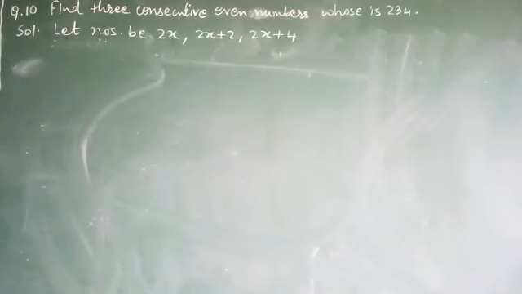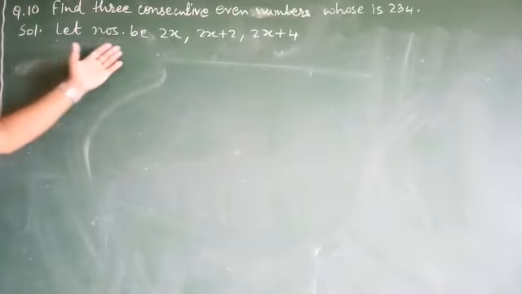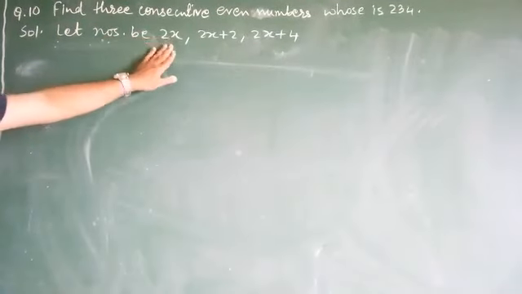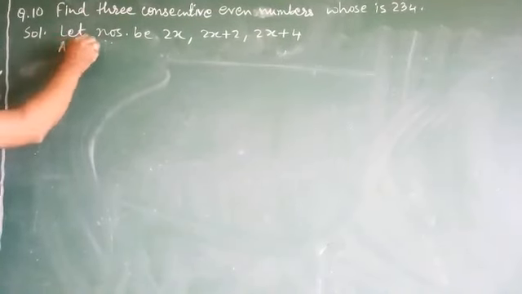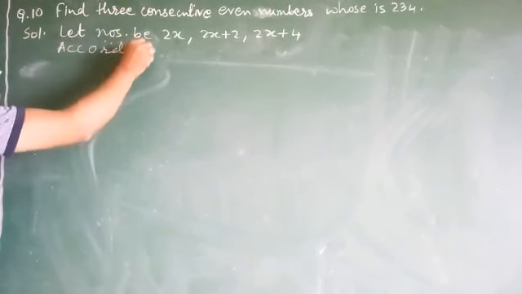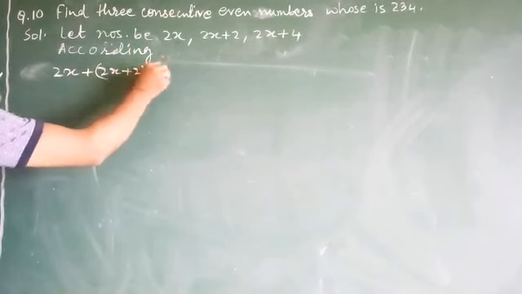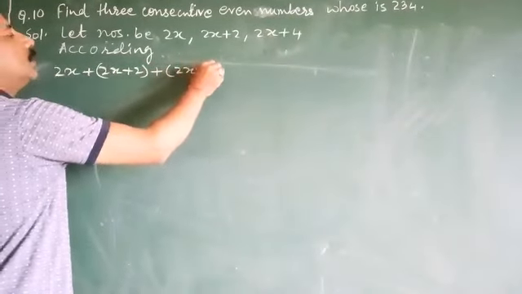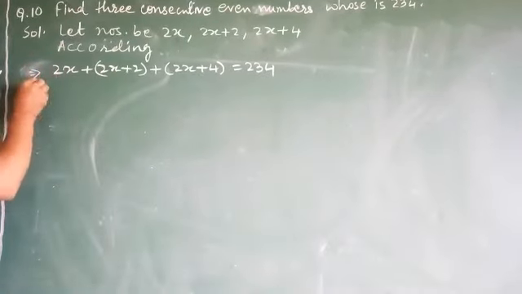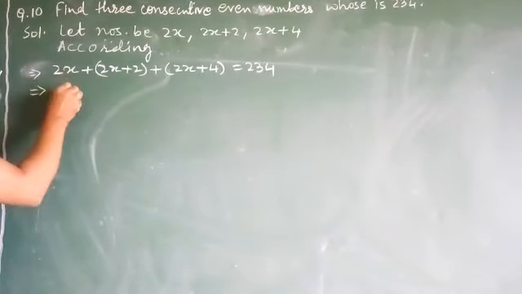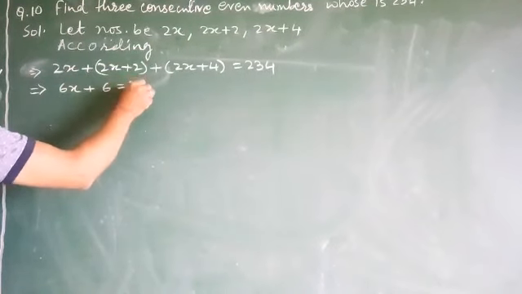Okay students, now in question number 10, the hint for this question is already given in your textbook. Here I have taken three consecutive even numbers, that is 2x, 2x plus 2 and 2x plus 4. So according to the question, 2x plus 2x plus 2 plus 2x plus 4 equals 234. 2x plus 2x plus 2x gives 6x, and 2 plus 4 gives 6, equals 234.